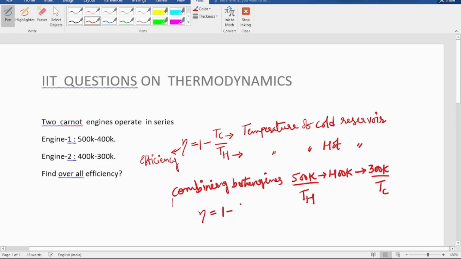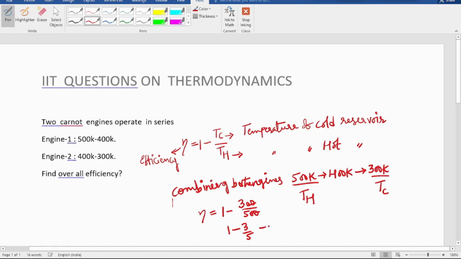Eta is equal to 1 minus 300 divided by 500. These two zeros get cancelled, and we get 1 minus 3 by 5.